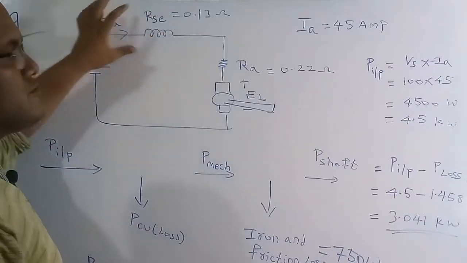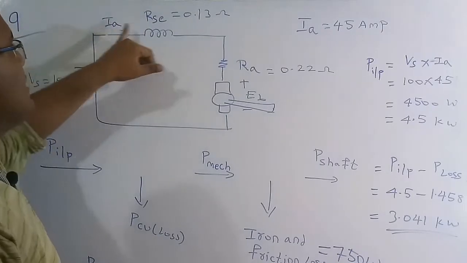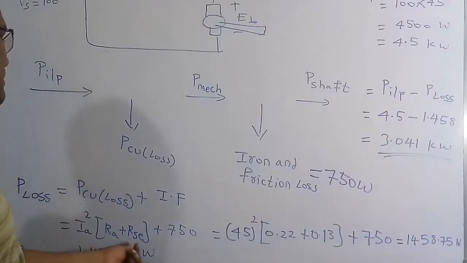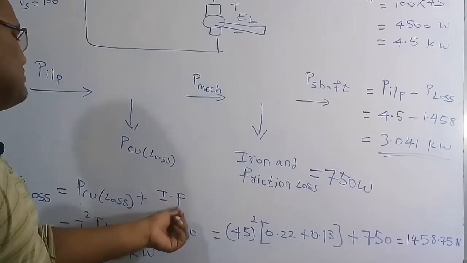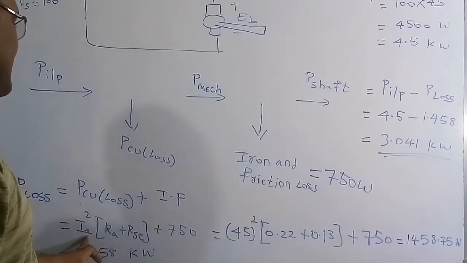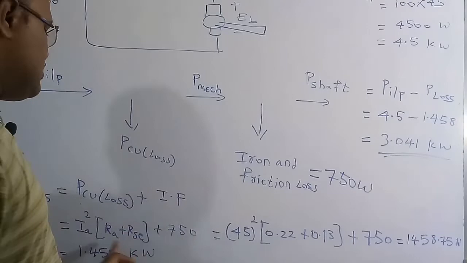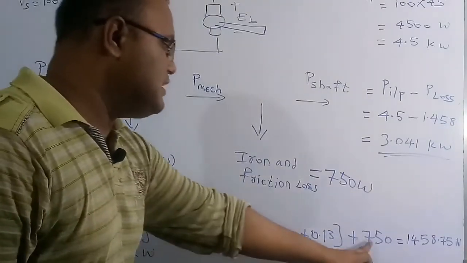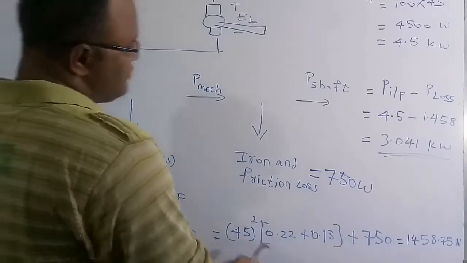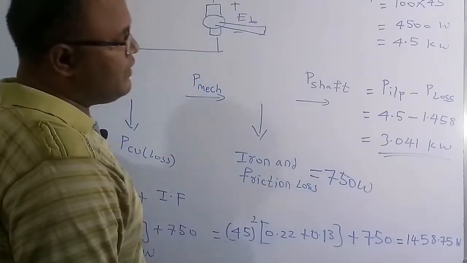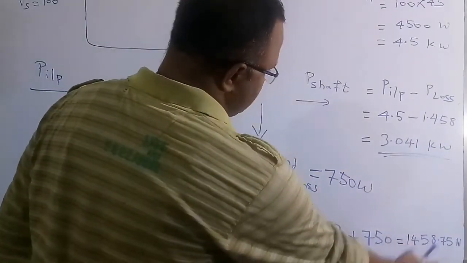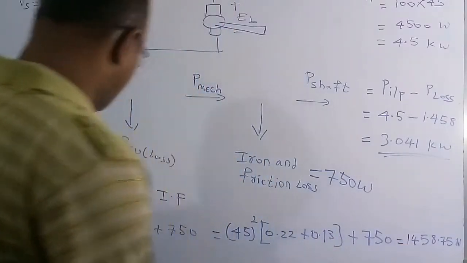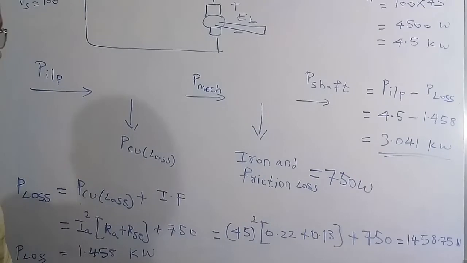The power is I square into net resistance, which is IA square into (RA plus RSC). So total loss is IA square into (RA plus RSC) plus the iron and friction loss of 750. IA is 45, RA is 0.22 and RSC is 0.13, so 45 square into (0.22 plus 0.13) plus 750. If you solve this equation, we get 1458.75 watt, which divided by 1000 is 1.458 kilowatt.